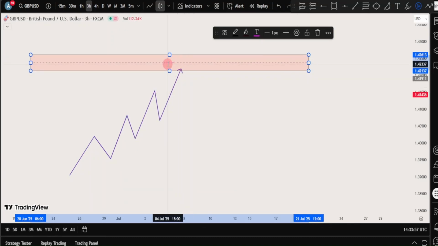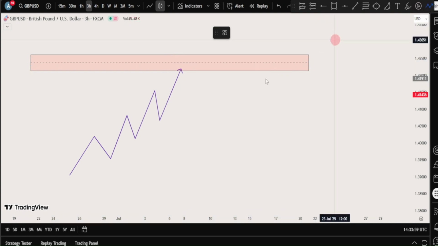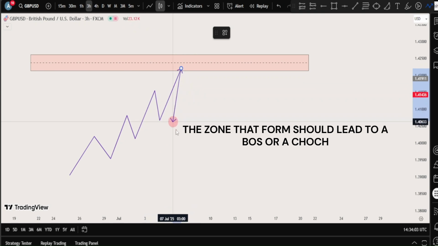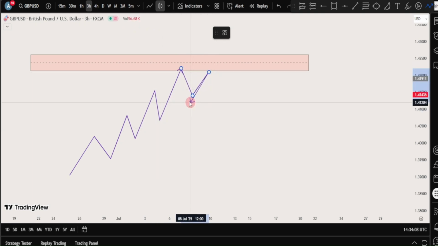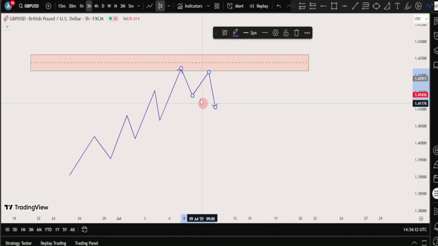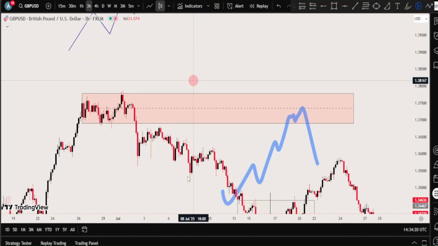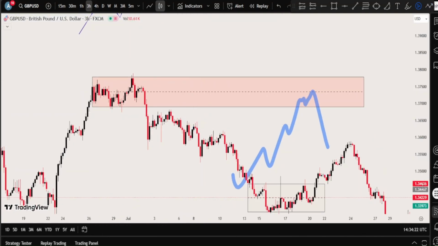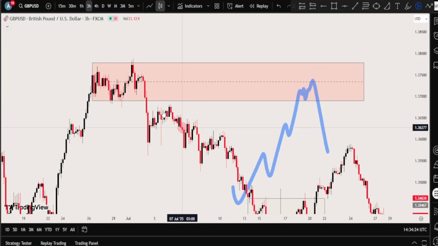If price is dropping, the move should break a low like this. So if price pushes up, pushes down, and breaks this low here, that is when we say there has been a valid supply zone. Any supply zone, like this one right here, if it's valid, that means it has a break of structure.